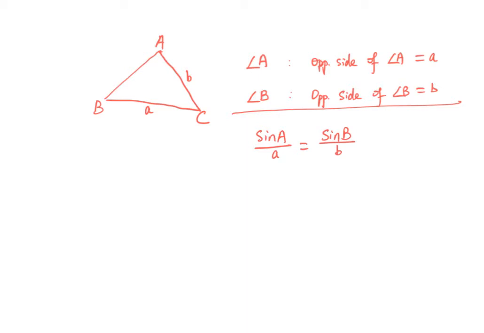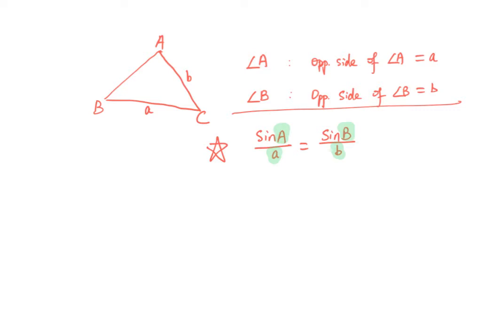So in this relationship, there are 4 variables: angle A, side A, angle B and side B. If the question provides us 3 of them, then we can find the 4th one.